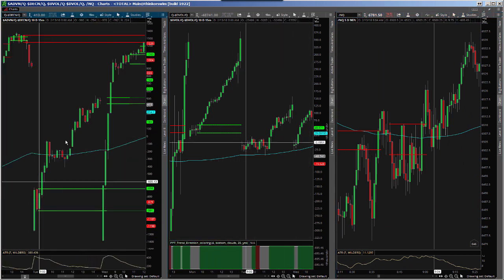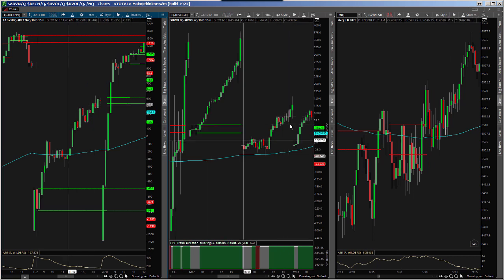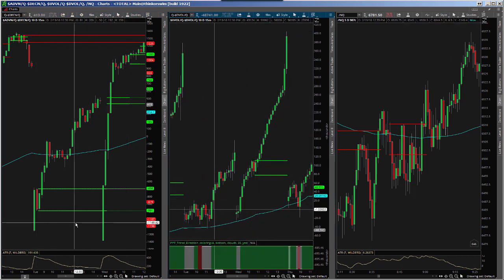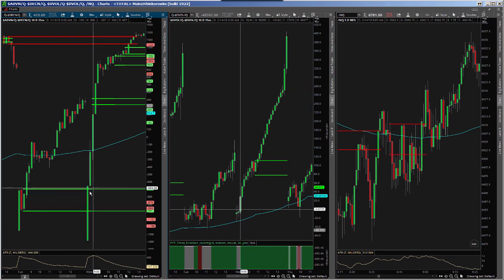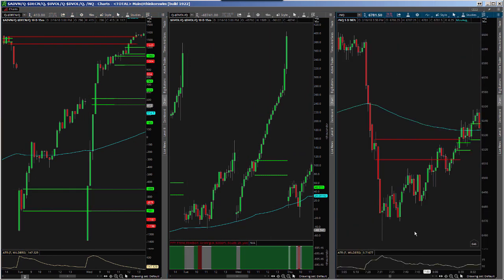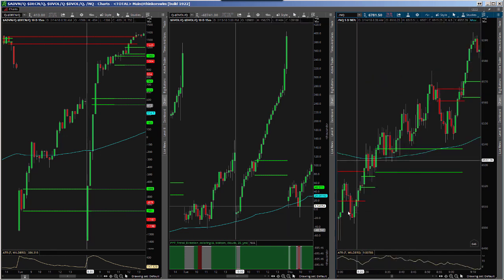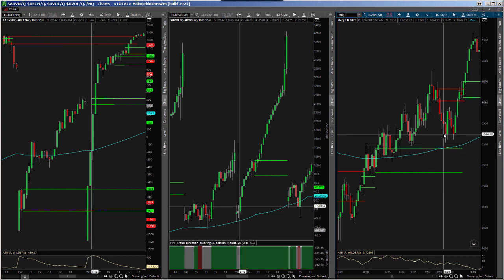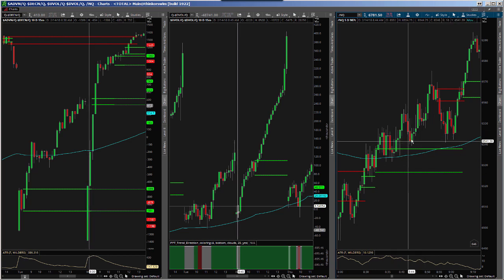Okay, on Tuesday I never got inside of a zone on either chart. So nothing on Tuesday. Wednesday we open up in the zone, probably towards the end of that 15-minute bar, so somewhere around here.